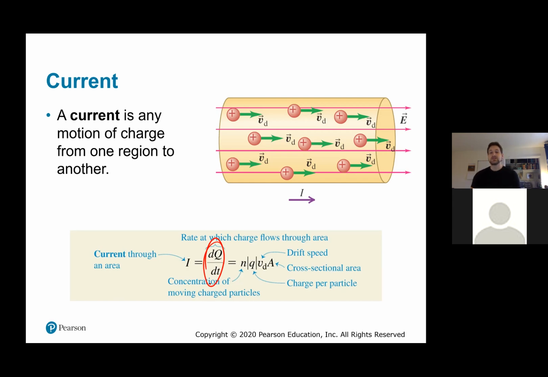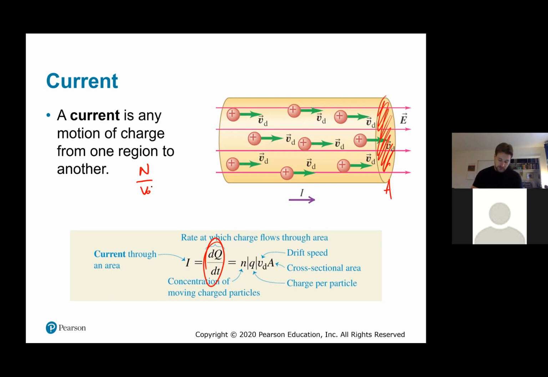So what is that in terms of actual charges moving through a medium? Now, the medium has some cross-sectional area A. And altogether, let's say there's a total number of charge carriers, charged particles that are moving.